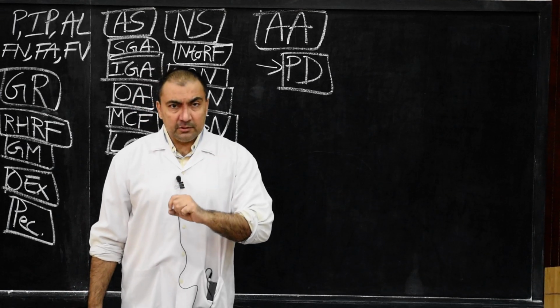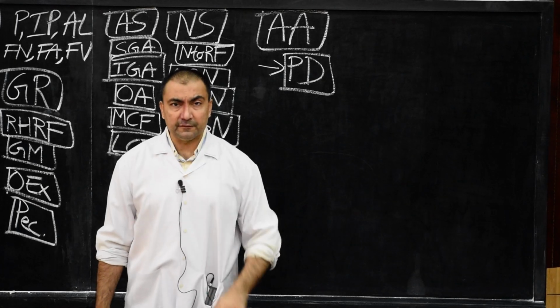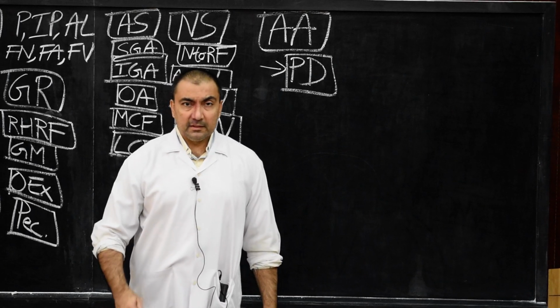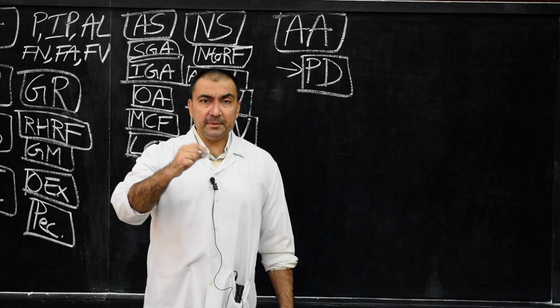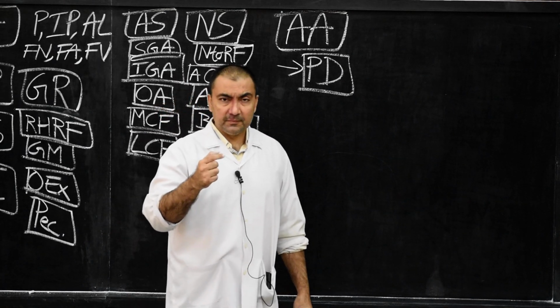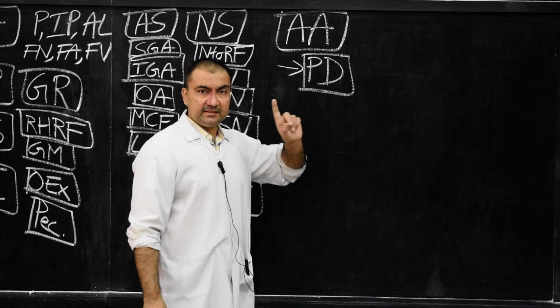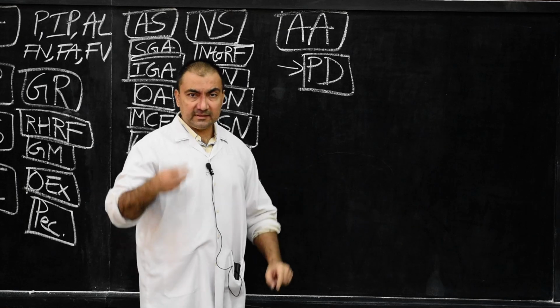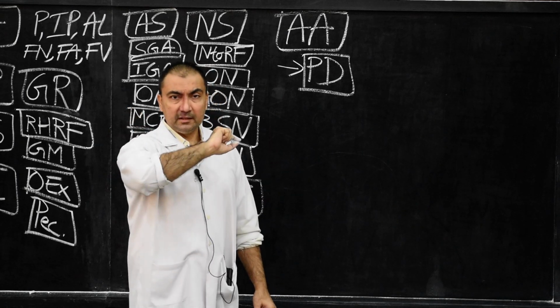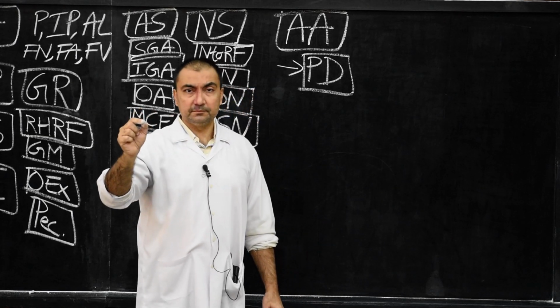It occurs in childhood. There is avascular necrosis of the head of the femur and it may be because of trauma. Because of trauma in childhood, there may be avascular necrosis of the head of the femur, which is called Perthes disease. So these are the 3 points.